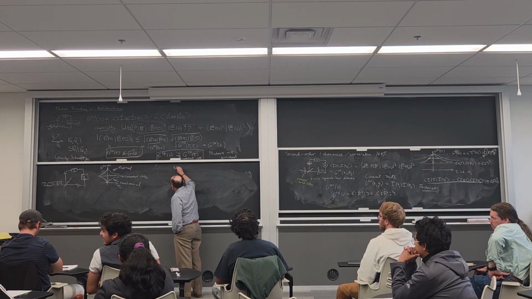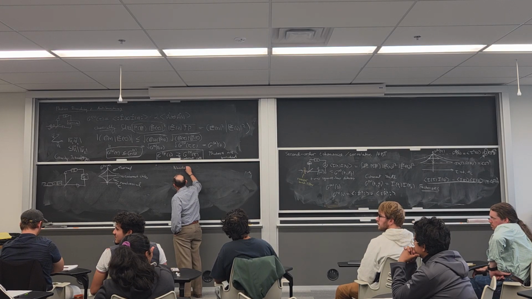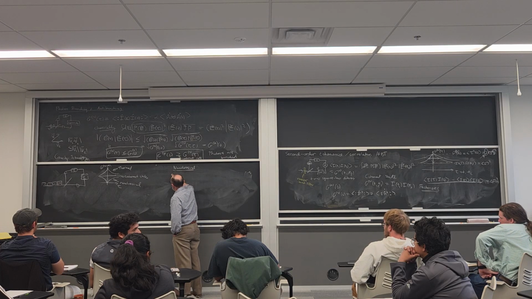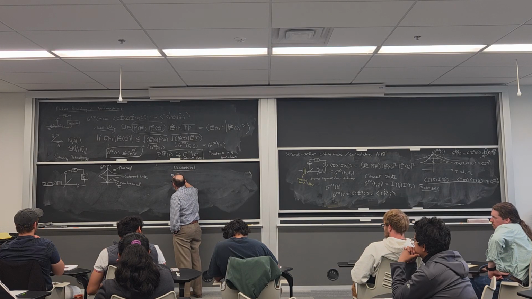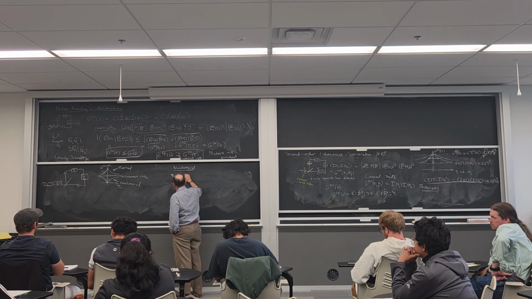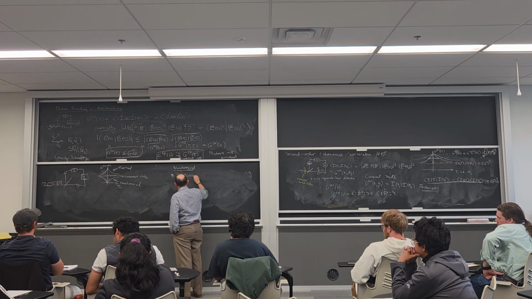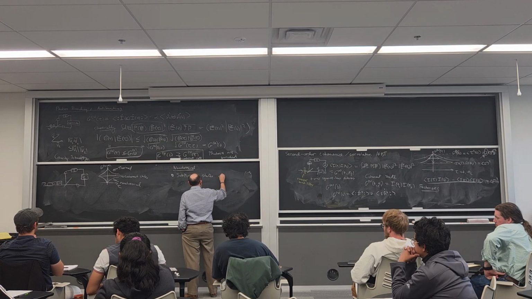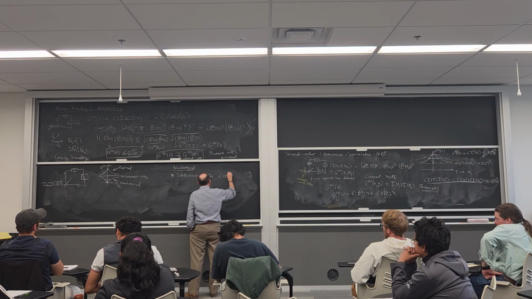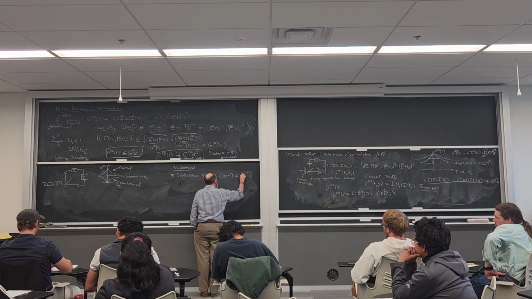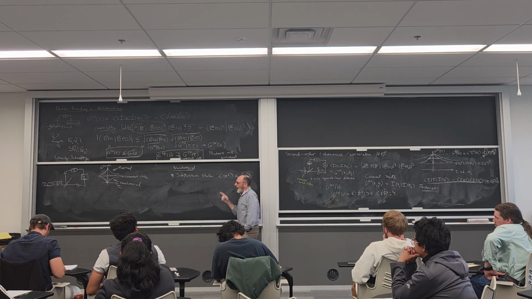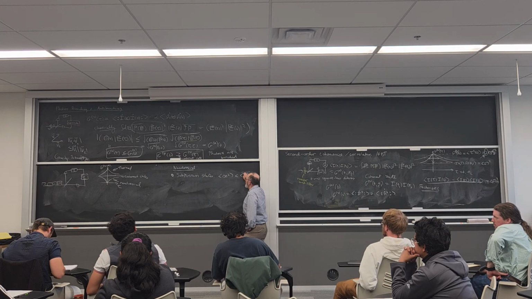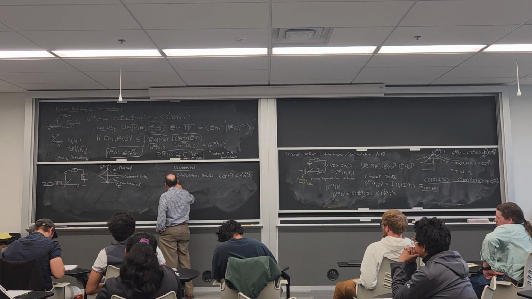So non-classical light, we had two signatures. Sub-Poissonian statistics, meaning that in a given mode, the fluctuations in the number of photons are less than n. A Fock state is an example of that. And photon anti-bunching.